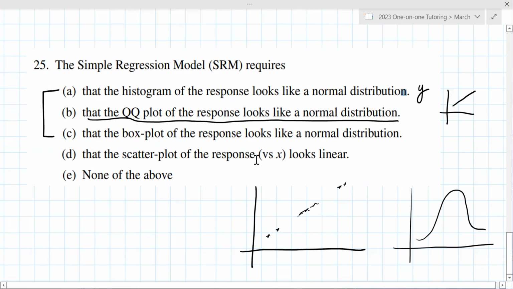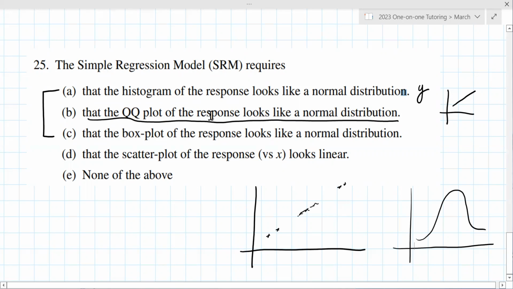So I'm leaning towards B and then E, but I think it's B, if you want my opinion. That's what I would think. But I have no clue.